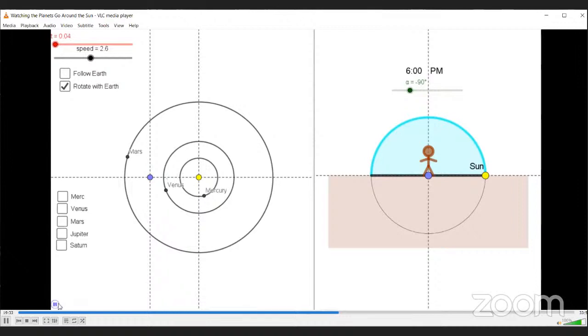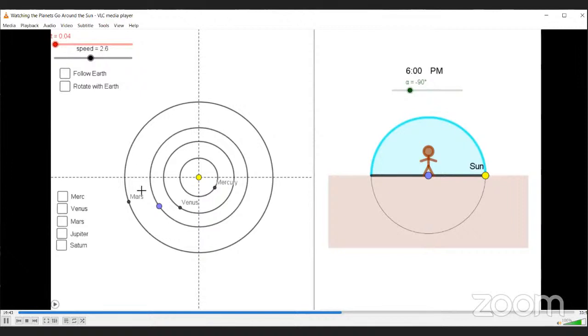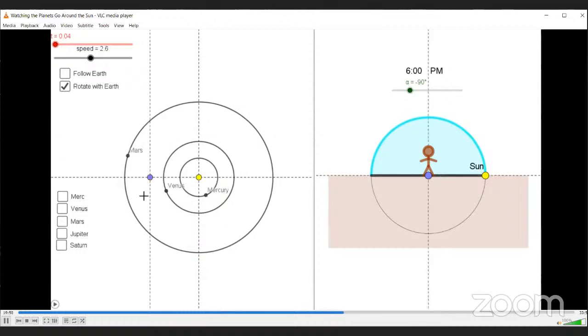Let's go on a little further and notice that Venus and Mercury have gotten further ahead. Mars is actually moving backwards like this. If I take it out of that rotating frame of reference, Mars is lagging more. In this frame of reference, Mars is actually moving further in this direction. So that's what we're doing.